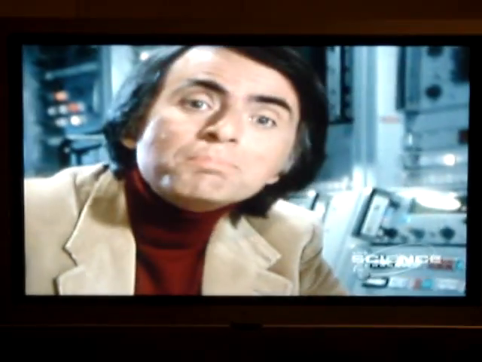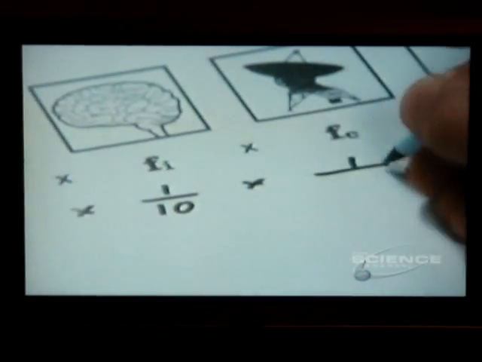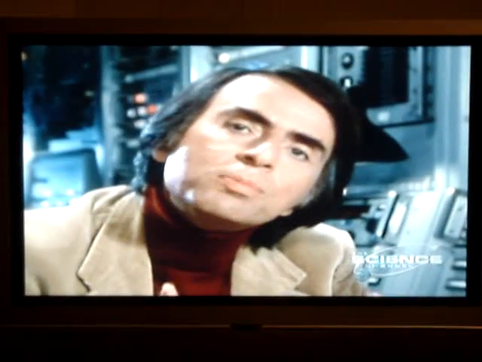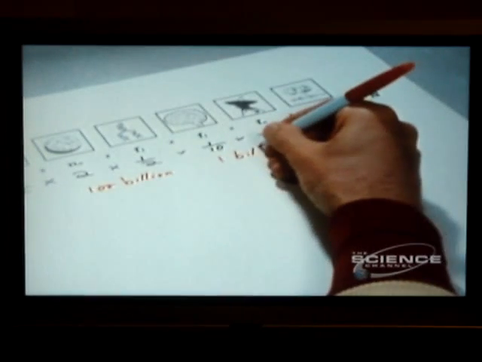Let's take some middle ground and choose F sub I as a tenth, and F sub C as also a tenth, meaning that only 1%, a tenth times a tenth, of inhabited planets eventually produce a technical civilization. If we were to multiply all these factors together, we would find 100 billion times a tenth, or 1 billion planets on which civilizations have arisen at least once.